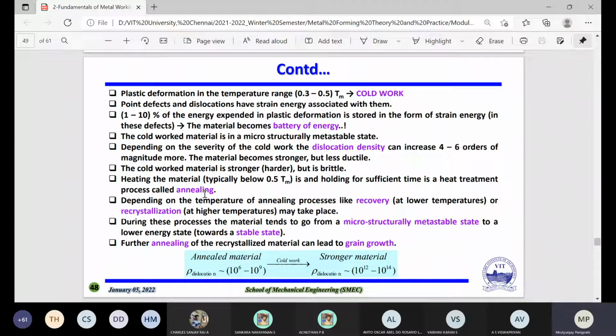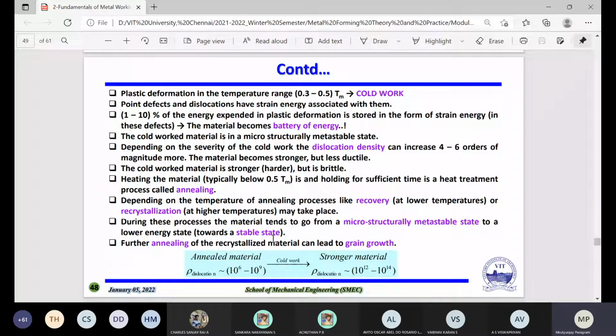If you remember your continuous cooling transformation and TTT diagram, you may have studied that there, right? And depending on the temperature of the annealing process, there is recovery, which we discussed in the previous slide at low temperature, and recrystallization, when your temperature goes towards the higher side.